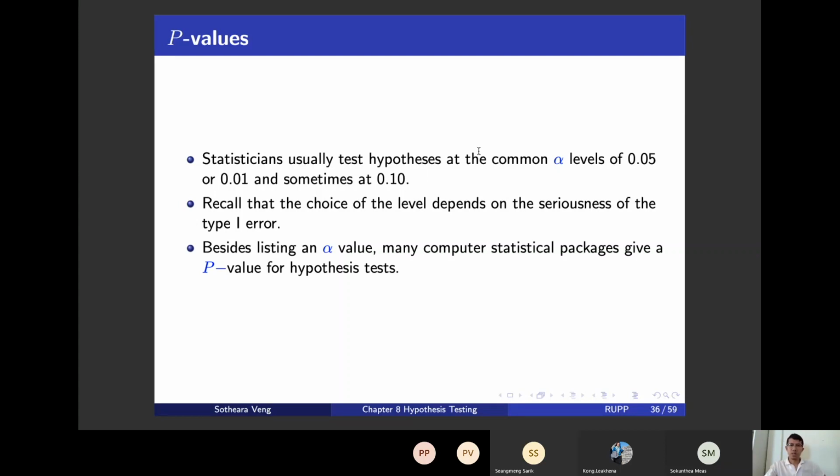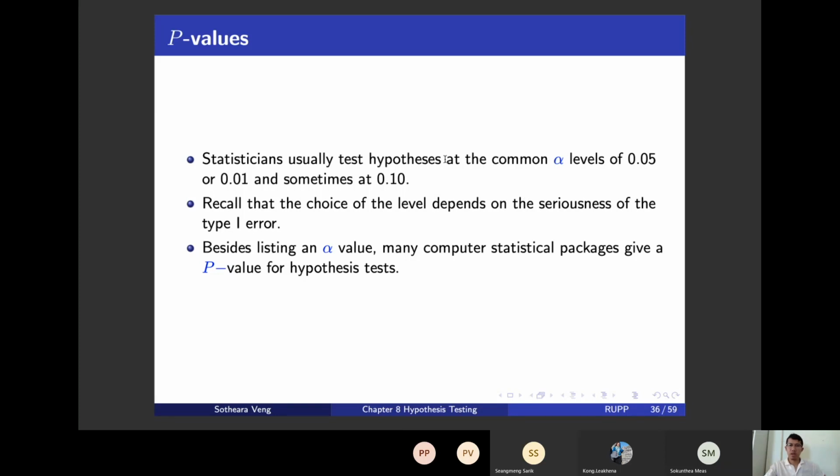This is nothing but the seriousness of the type 1 error, because the significance level alpha is nothing but the probability of the type 1 error. So it depends on you how serious you are with the type 1 error.